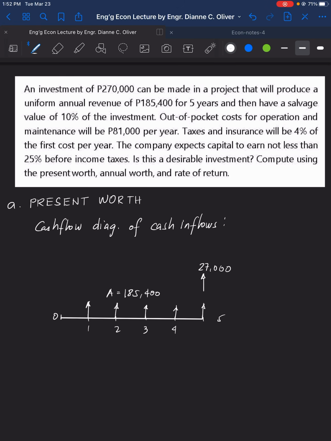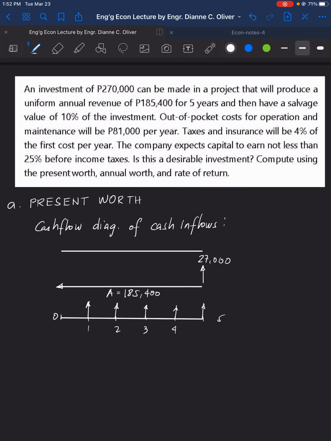27,000 pesos. Now, in order to get the present worth of the cash inflows, we will have the first computation for present worth and the second computation of present worth here.